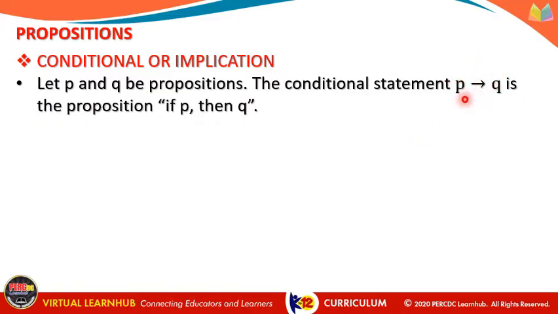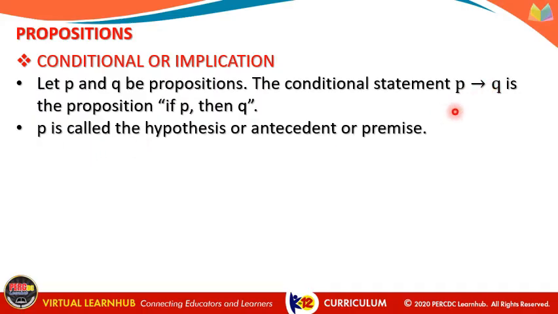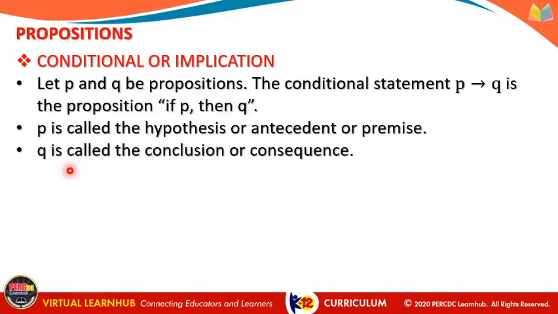One way of reading it is if P then Q. Now, a conditional proposition has two parts, the P and the Q. If this is your arrangement, then P is what we call the hypothesis or antecedent or premise. So P is whatever proposition is in between the words if and then. Q, on the other hand, is called the conclusion or consequence.